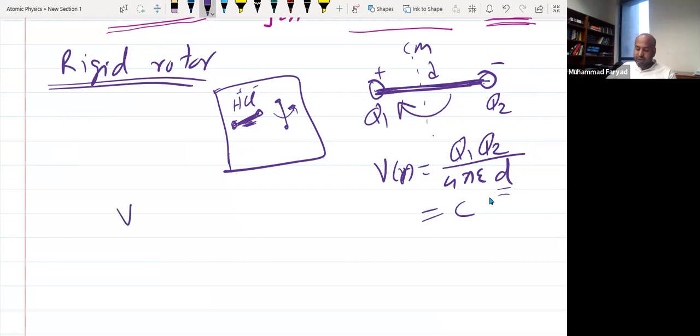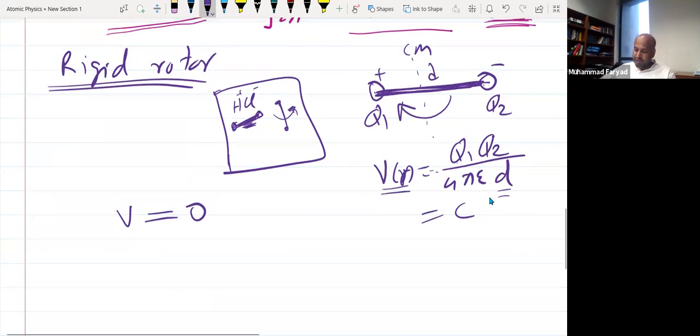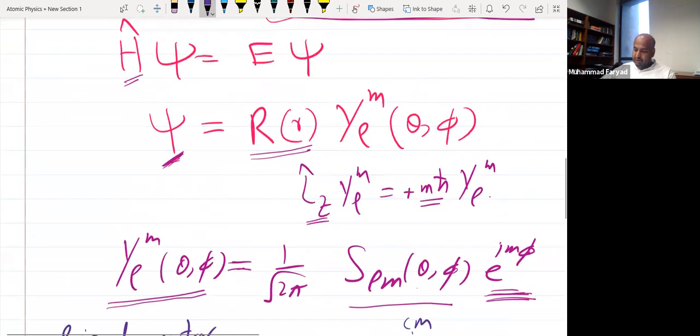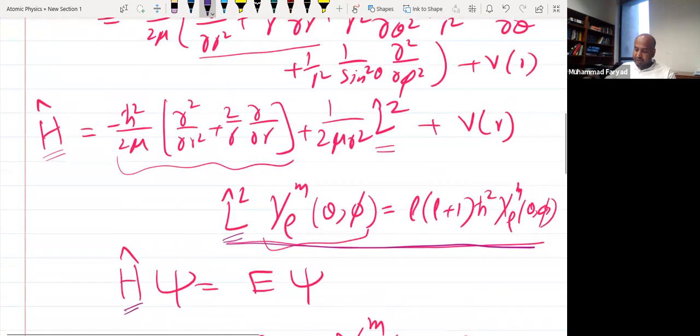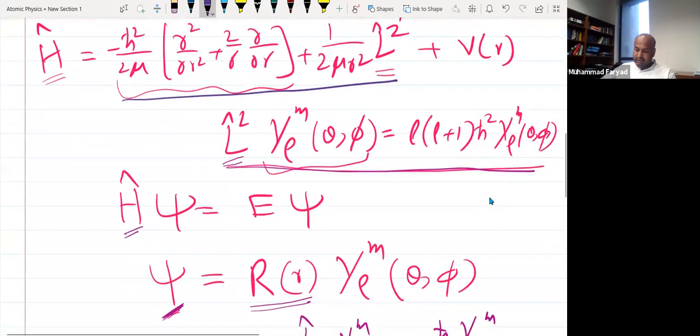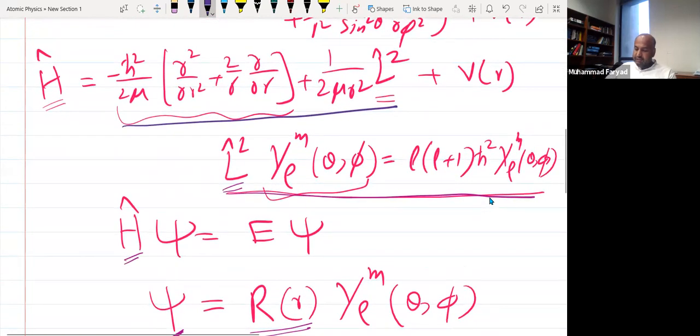In that case, we can just take V to be 0, because when V is 0, we are essentially measuring all energies with respect to this constant potential energy. So if we take V to be 0, our differential equation becomes only this part times psi. And since R is a constant, all these derivatives yield 0.